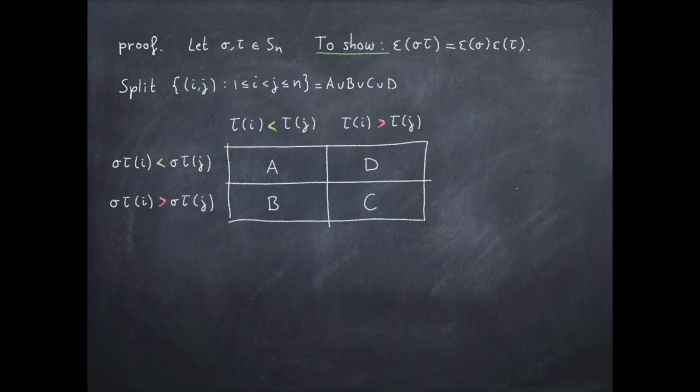If the pair is not an inversion for tau and also not an inversion for sigma tau, then we put it in A. If the pair is not an inversion for tau, but it is an inversion for sigma tau, then we put it in B. If the pair is an inversion for tau, but not for sigma tau, then we put it in D. Finally, if the pair is an inversion for tau and also for sigma tau, then we put it in C.